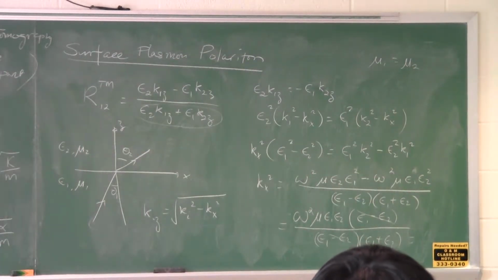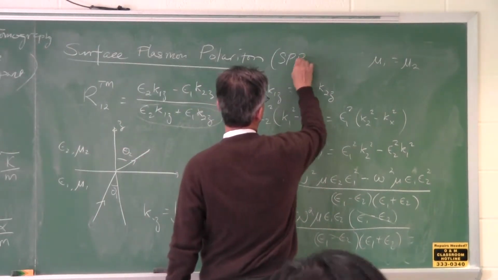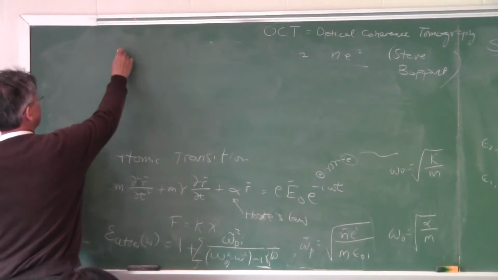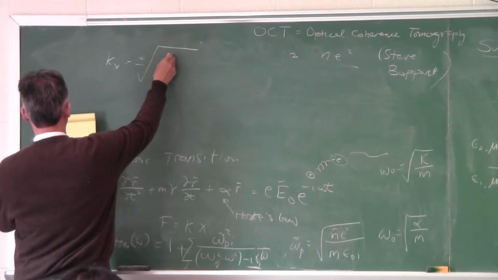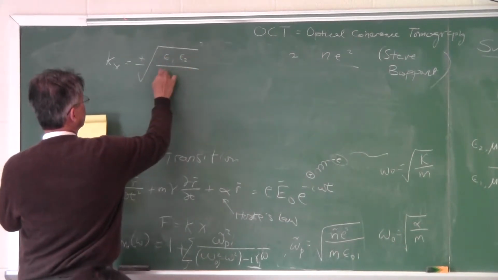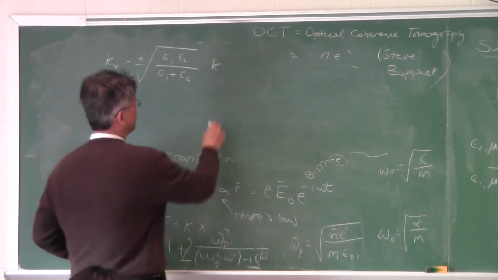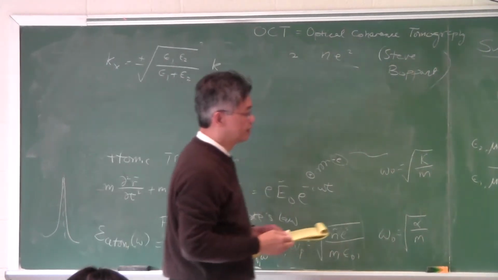So the formula for the surface plasmon polariton, which is usually shortened to SPP. You see this name quite a bit. That formula gives you the fact that Kx is equal to plus or minus K, where K is omega, let me see what I have.